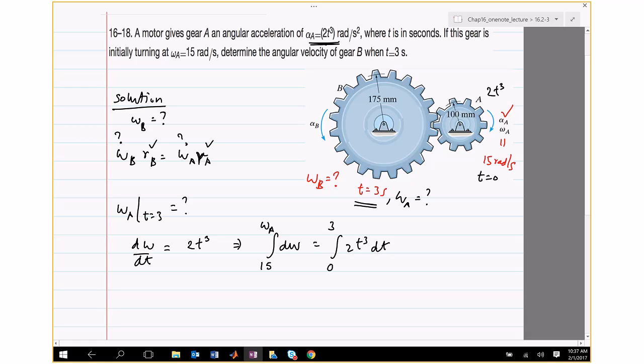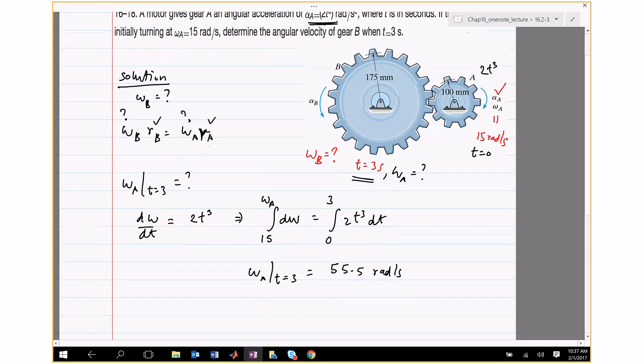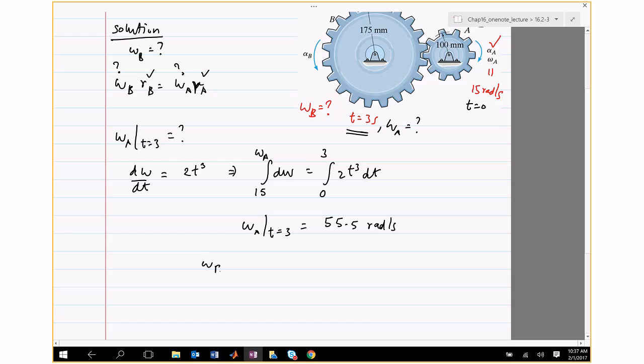I want you to try to get omega A yourself, but let me write it down in the interest of time. Omega A at 3 seconds is, I get it to be 55.5 radians per second. Once you get that, omega B is, from this formula, omega A RA divided by RB.